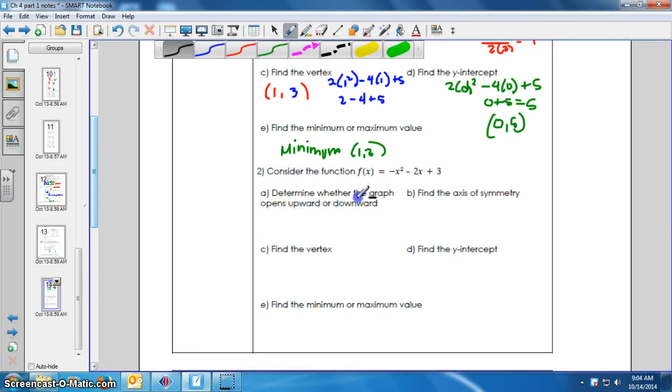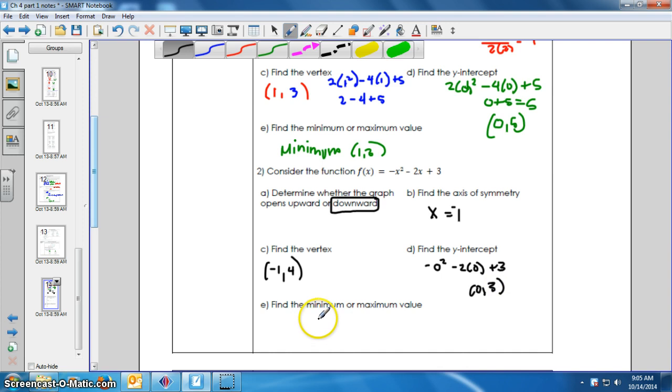All right, hopefully you have filled in number 2. You got x is equal to negative 1. And then when you plug in that negative 1 for x, you would get your y value of 4. And then your y-intercept, when you plug in 0 for your x's, you would wind up with 3 for your y-intercept.